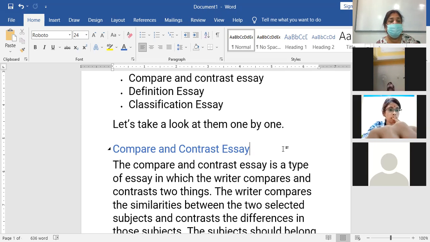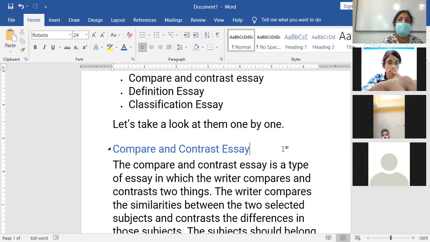So the compare and contrast can be of many types. Compare and contrast BCom and BCA courses. So this calls for contrasting and comparing.